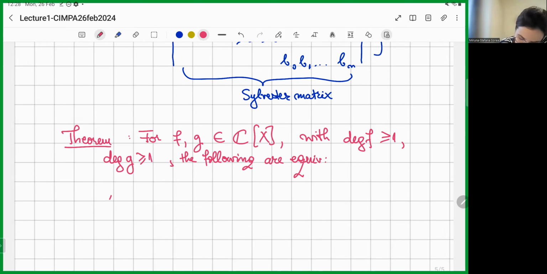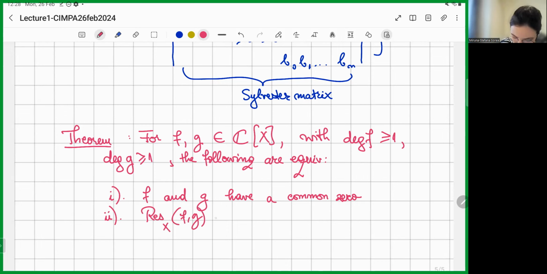As I said, first is that f and g have a common 0, and the second one says that the resultant of f and g is 0.